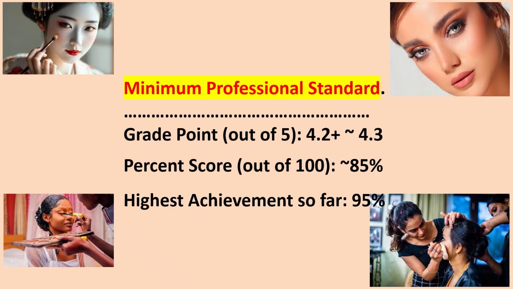That's about 4.7, 4.8 in one particular makeup. 95% is not the consistent or even the average. Average is always around 90% for a good makeup artist, and always consistently around 4.2, 4.3 to 4.5. This should be your consistent level of performance in the field of makeup and makeover.